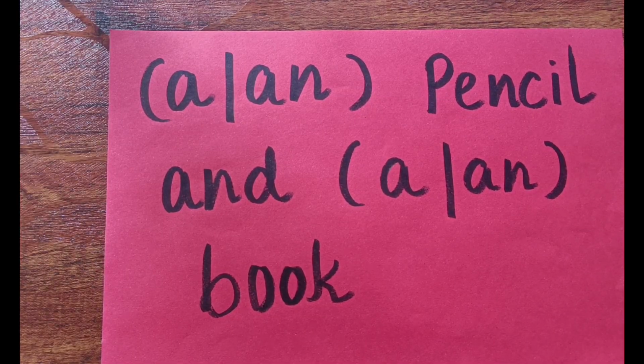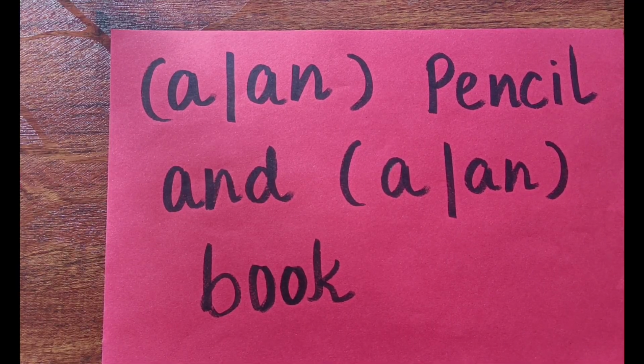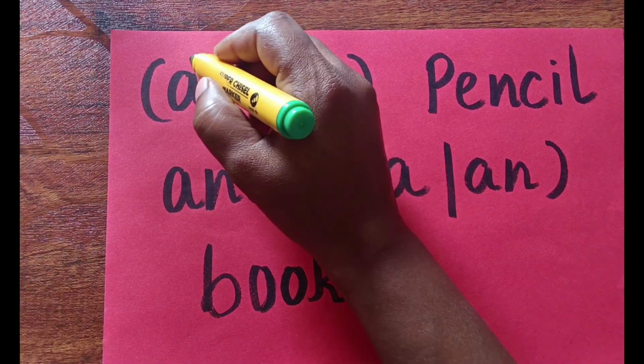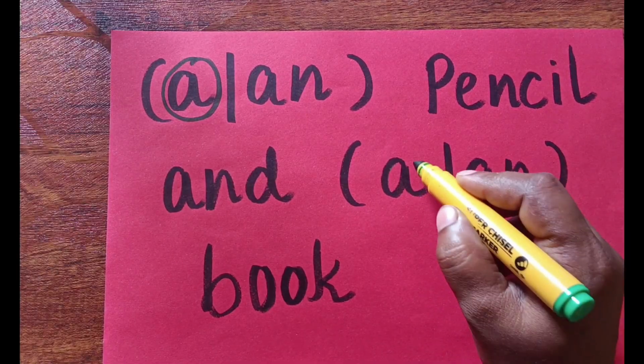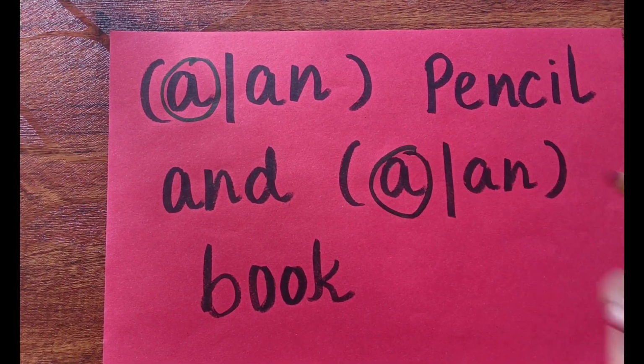Pencil begins with a consonant. Book begins with a consonant. So we need to circle a pencil and a book.